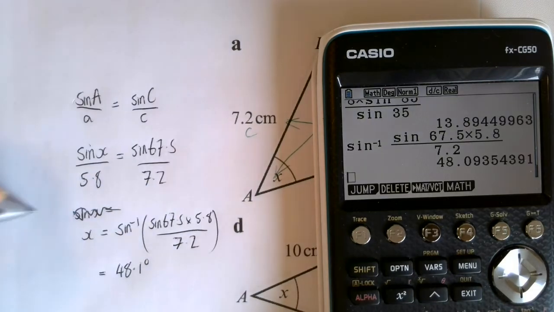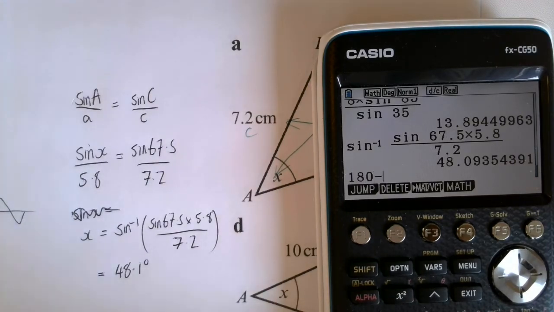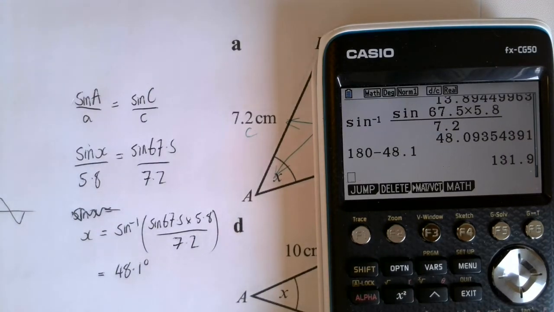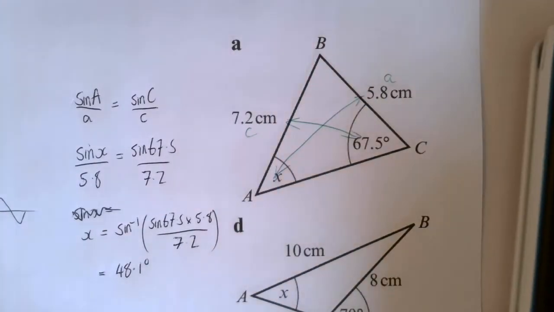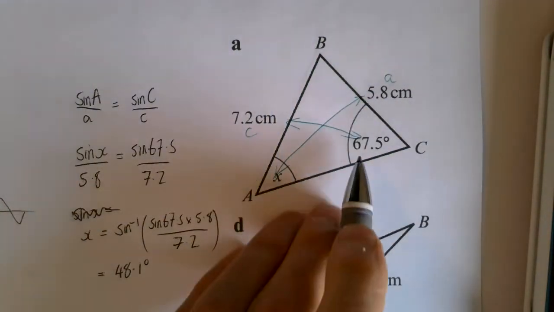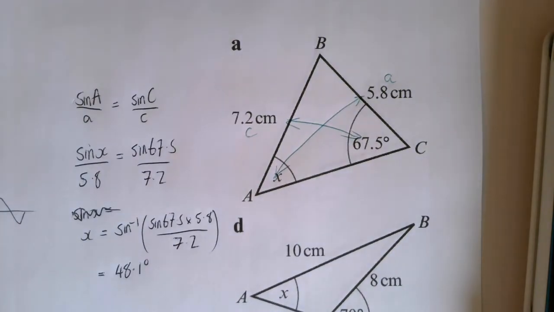Now 48.1 degrees, so the other potential angle is 180 minus 48.1, 131.9, but I've got a 67.5 degree angle elsewhere in the triangle, so it can't be as big as 131.9.